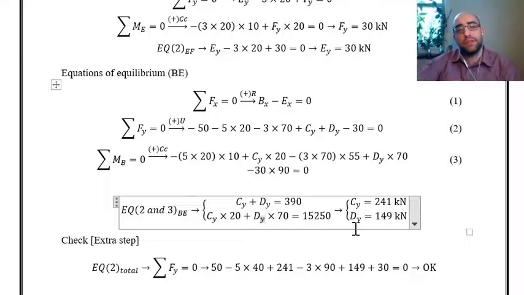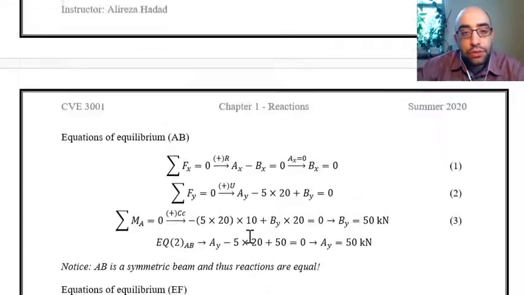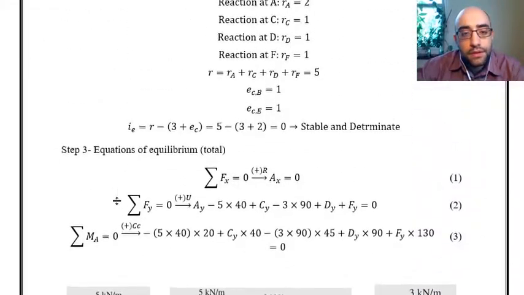For the extra step of checking the validity of the calculations and seeing if the values are calculated correctly or not, I can return to equation 2, which was summation of forces in vertical direction equal to 0 for the total beam. This equation 2 total is referring to this equation over here.